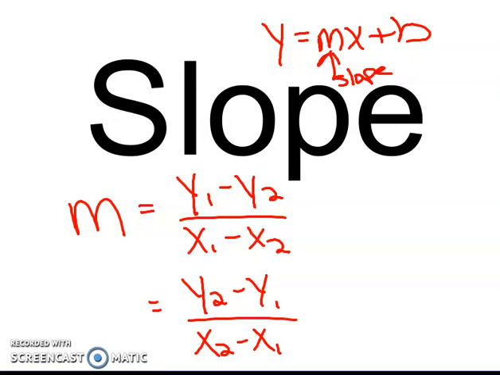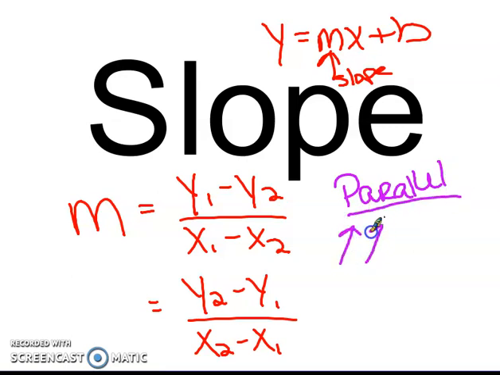Now, we also have talked about this unit parallel lines. Parallel lines mean they go on and they never touch. The trick for parallel lines is they have to have the same slope.